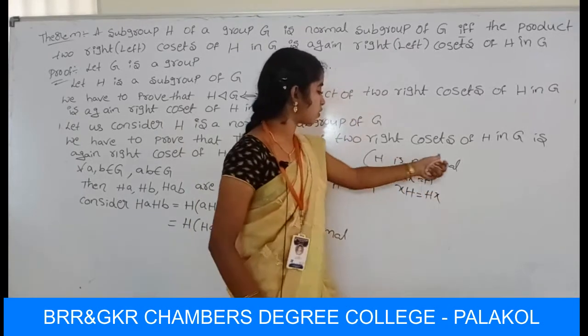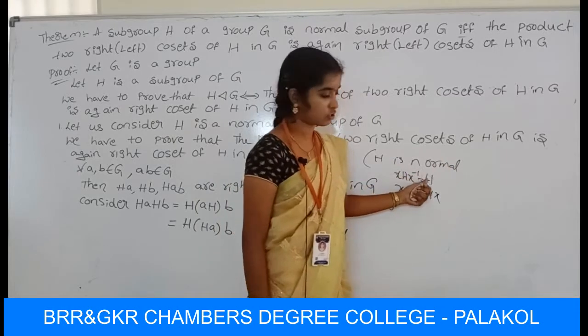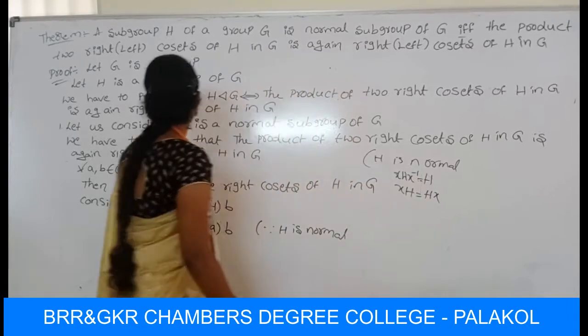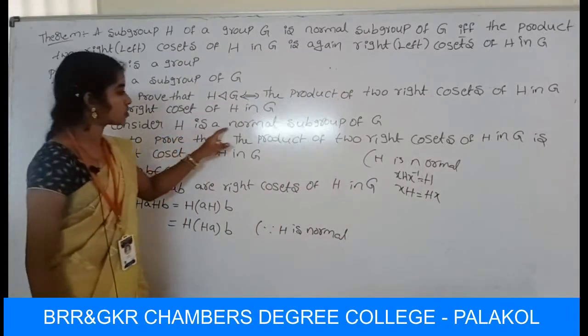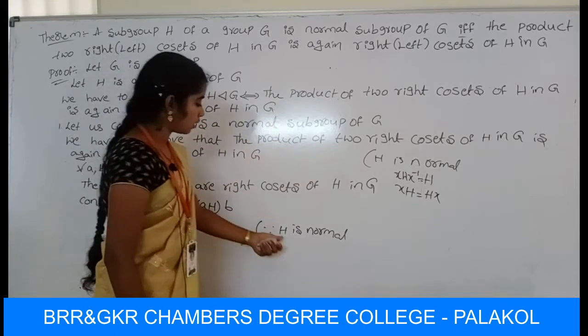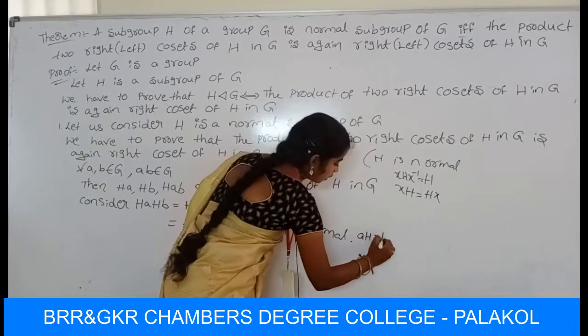So H is normal, which can be written as XH X inverse equals H, so XH equals HX. Already we consider H is a normal subgroup of Z. So H is normal, that means AH equals HA.